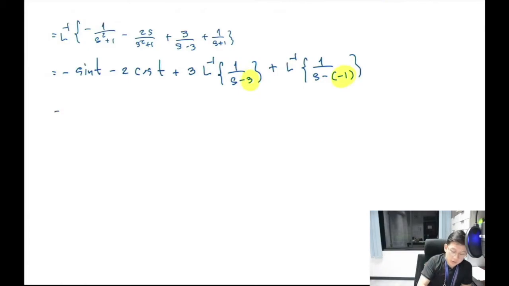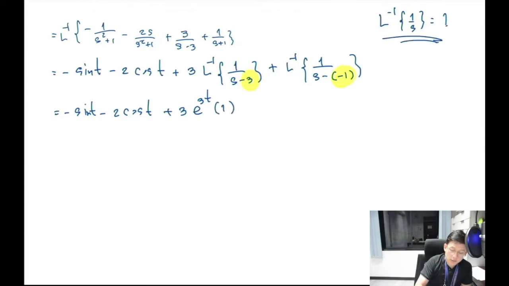So this guy becomes sin t minus 2 cos t plus 3, and then we get e to the at, which is e to the 3t, and then it would be L inverse of 1 over s, that is 1. So we get 1 here.